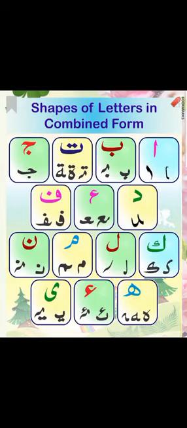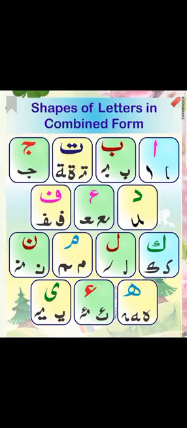My dear sisters, today our lesson is about the combined shapes, or the joint shapes, of the alphabets or Arabic letters. As we know, in every language, when two or three or more letters join, they form a word.